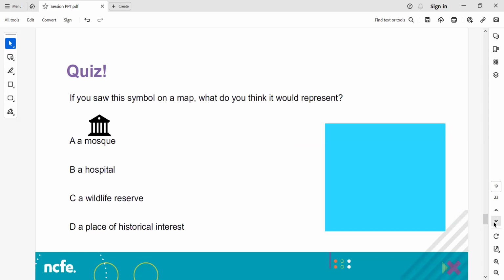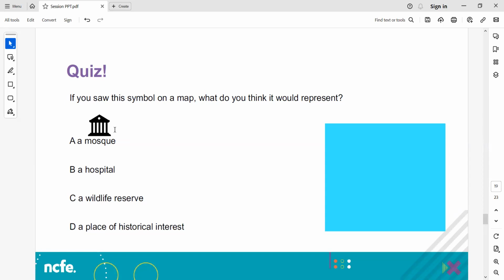If you saw this symbol on a map, what do you think it would represent? So that little picture there, what would it represent? Do you think a mosque, a hospital, a wildlife reserve, or a place of historical interest? D. Good.